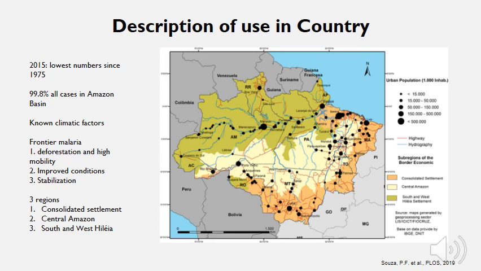The second zone, known as Central Amazon, is the tannish yellow color, and the primary industries in this region are logging, livestock, soybean production, as well as mining. This area has the second highest population density. The third region is known as the South and West Hialeah Settlement.